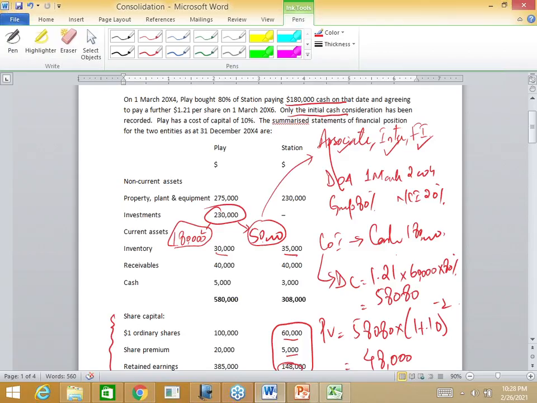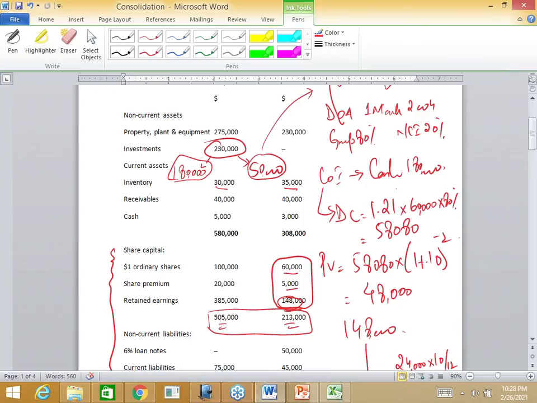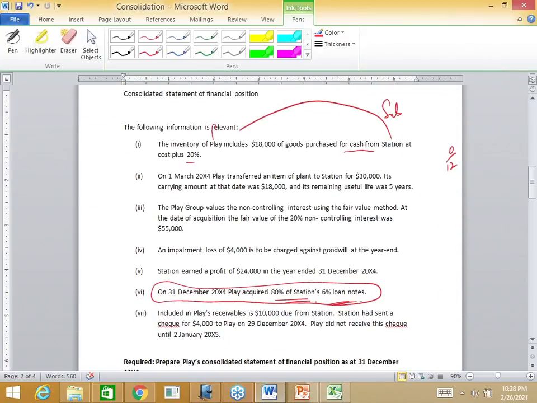Minus unwinding of discount, which is 4,000. Minus note number 1, which is related to the unrealized profit. How much unrealized profit have we calculated? Can you guide me about the profit figure?